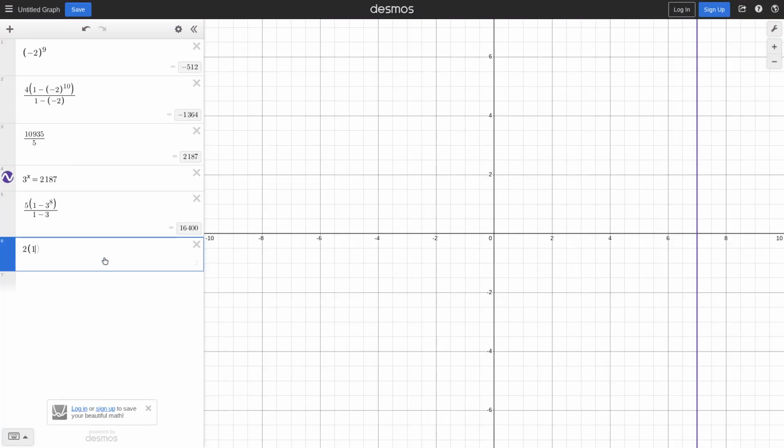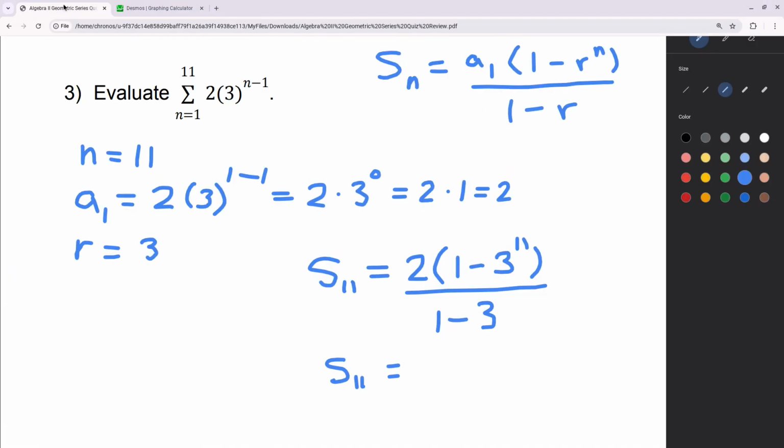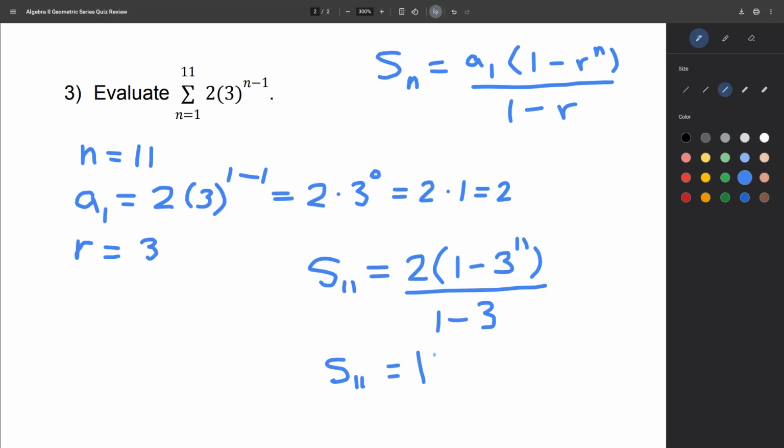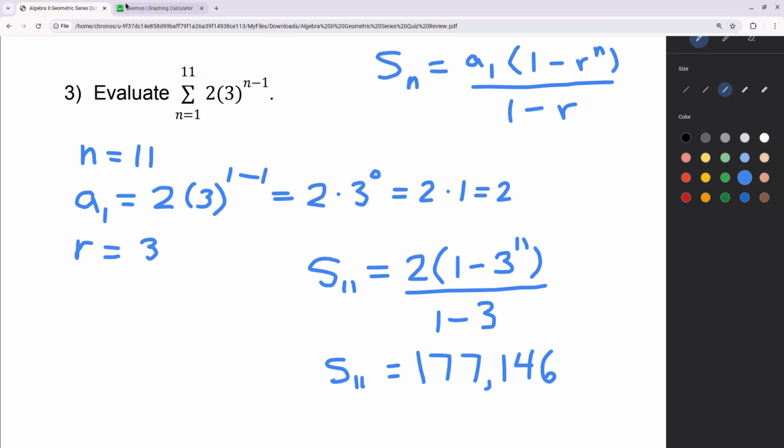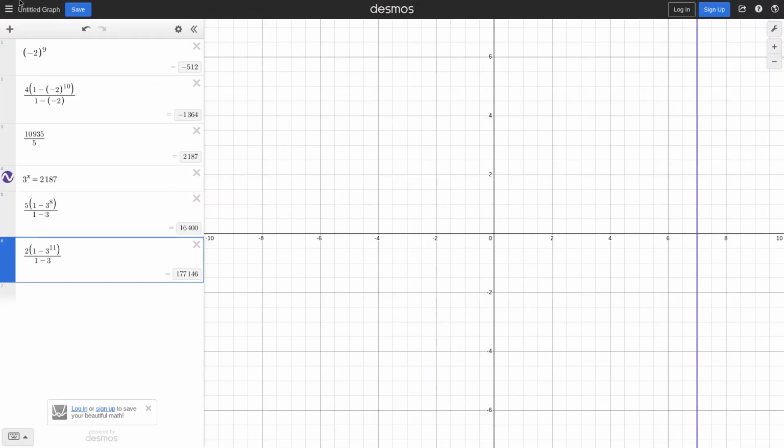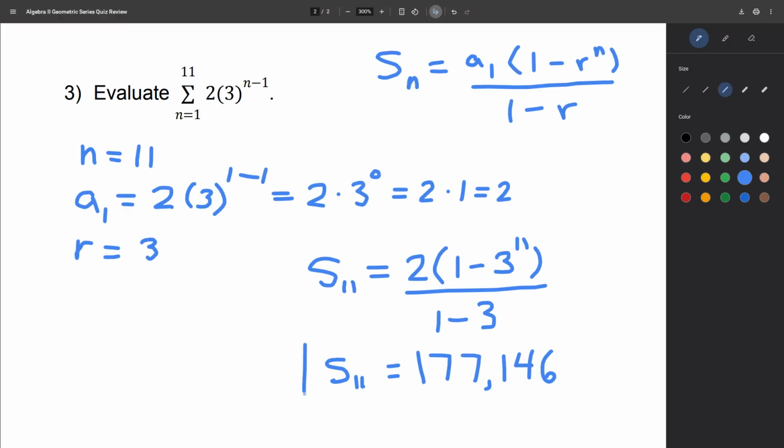So 2 times 1 minus 3 to the 11th power over 1 minus 3, and we get 177,146. Let's just check that. Yep. So that's our answer. Boom.